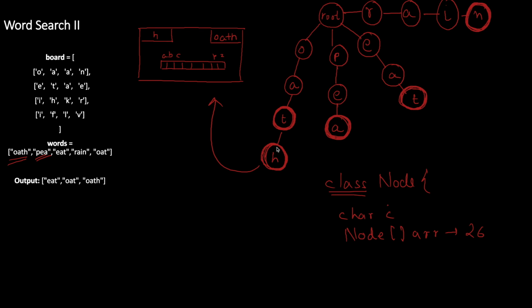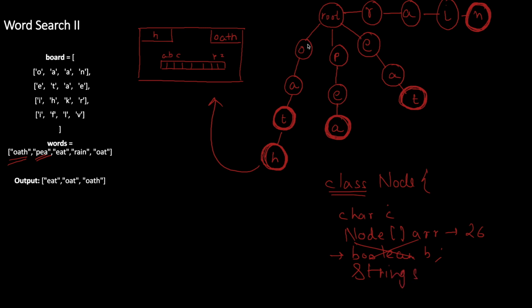The last thing is a Boolean value. Why a Boolean value? The reason is we have to mark a node. So this node is not marked, this node is not marked, but this node is marked, saying that a word exists over here, namely oath. So we can either create a Boolean value, or instead of the Boolean value we can simply put a string into the node.